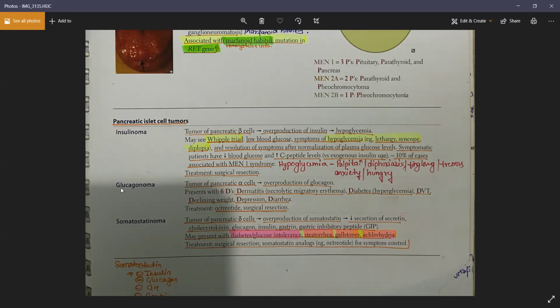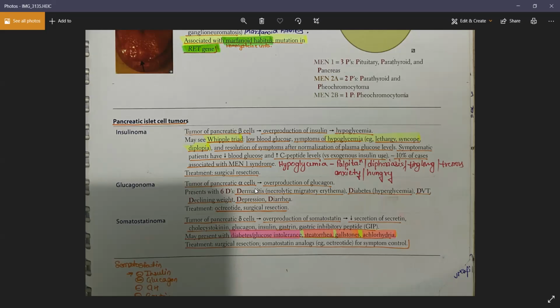Whenever Step 1 gives you a patient with a glucagonoma, they will always tell you that the patient has a recent diagnosis of diabetes within 6 or 7 months. This is a very important thing. After the diagnosis of diabetes, the patient is now presenting with other symptoms like dermatitis, which is a necrolytic type of rash.